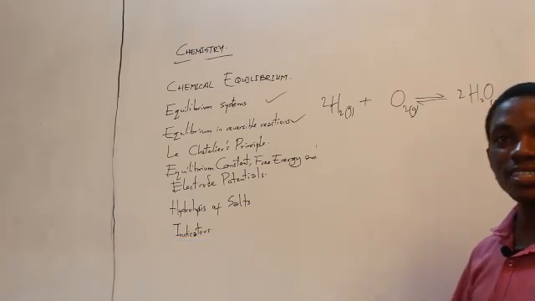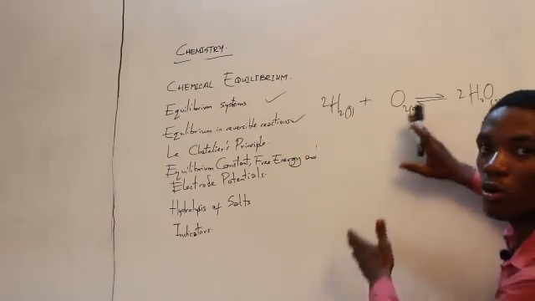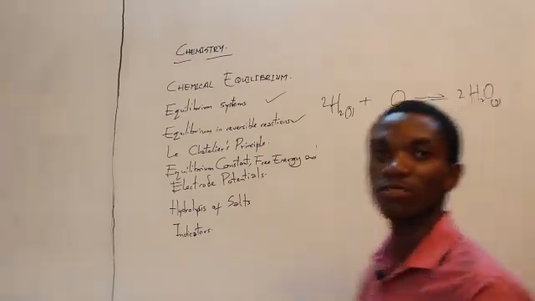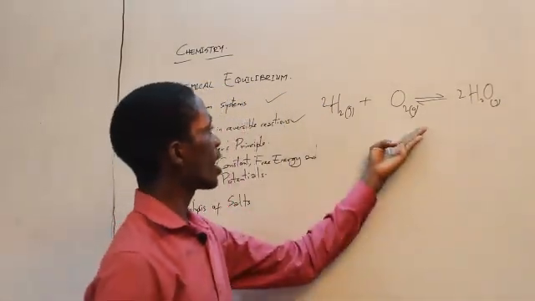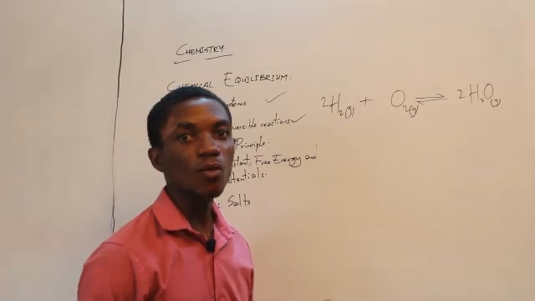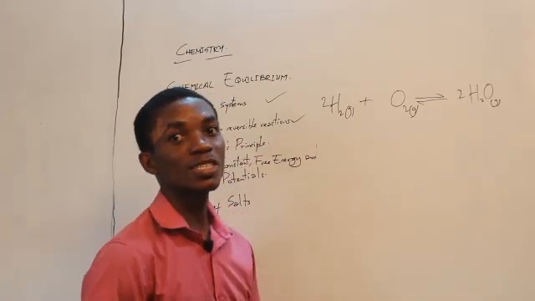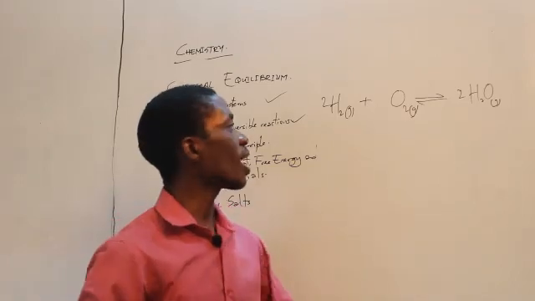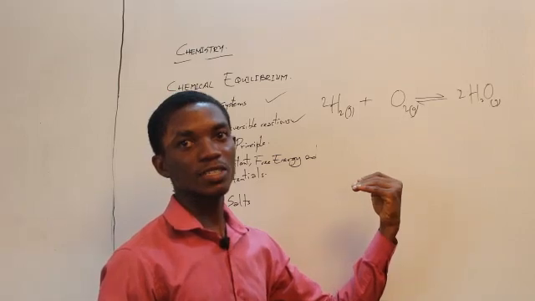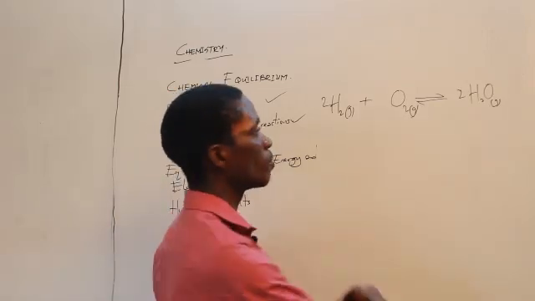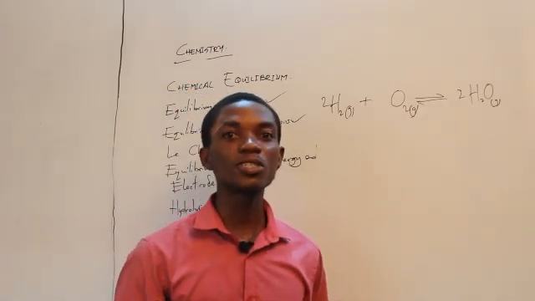So if you compress the mixture, you will have the reaction falling more to the steam production side than to the reactant side. And when you reduce the pressure so that there is much more volume, you have the reaction falling more to the reactant side than to the product side. So that is what Le Chatelier's principle states.